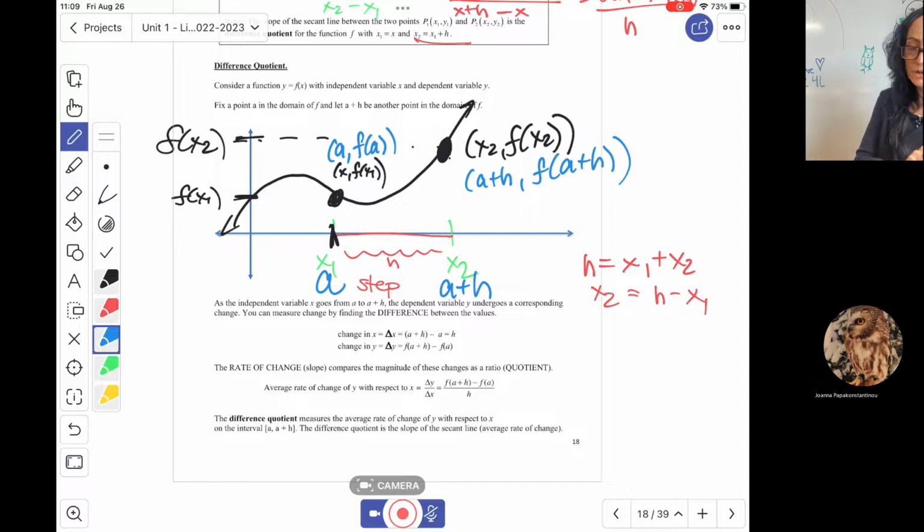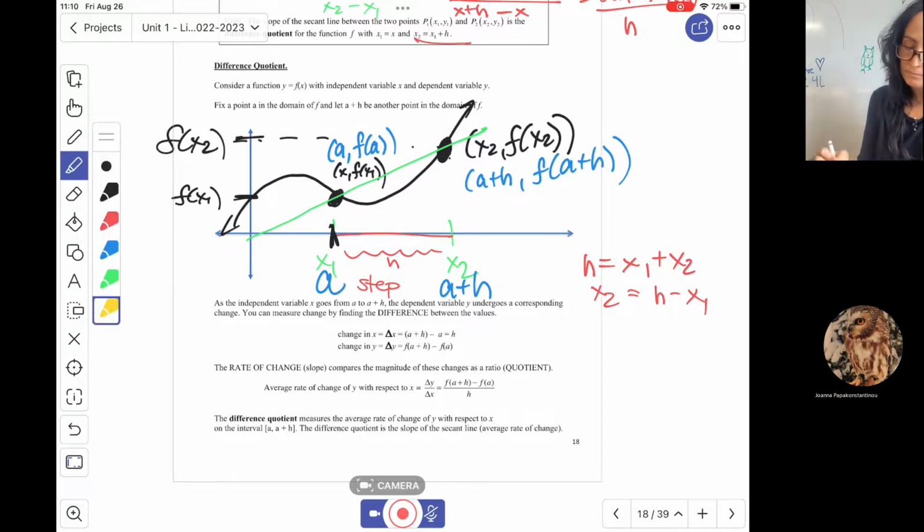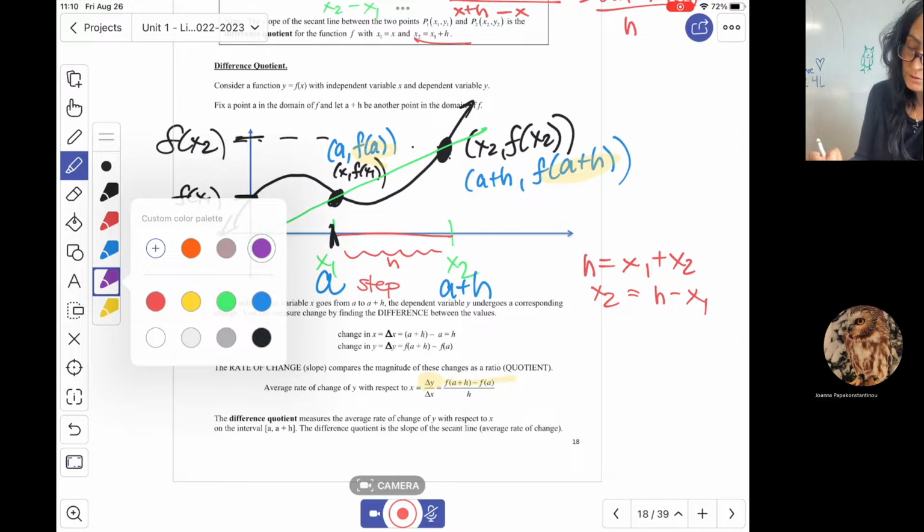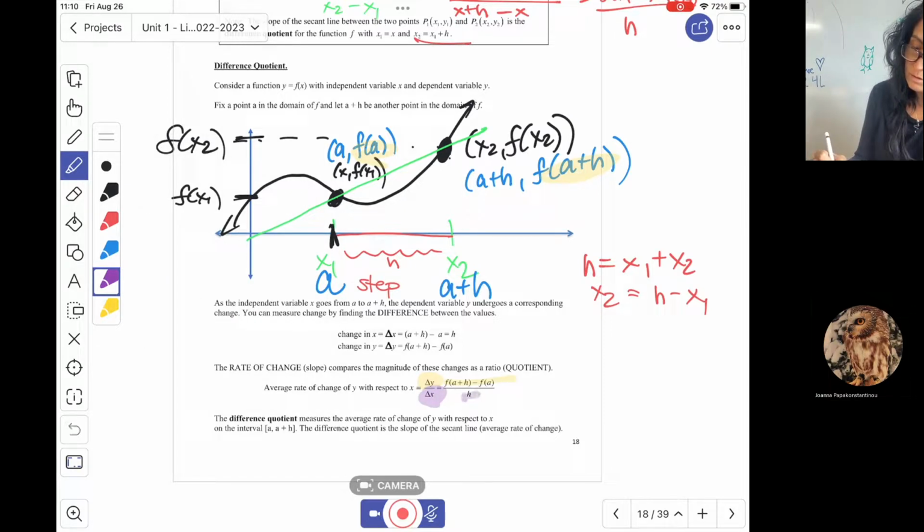So if I'm looking for the difference quotient, the average rate of change, I am looking for the slope of the secant line. So how can I write the slope of the secant line? It's just your change of y, whether I represent it as this minus this, or f of x2 minus f of x1, over my change of x, which is this minus this, which is just h.